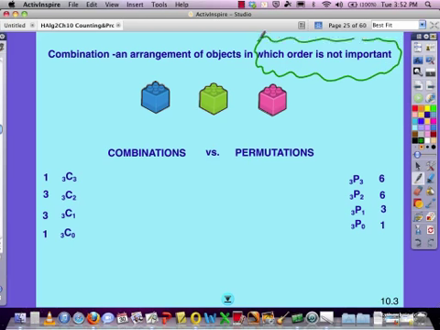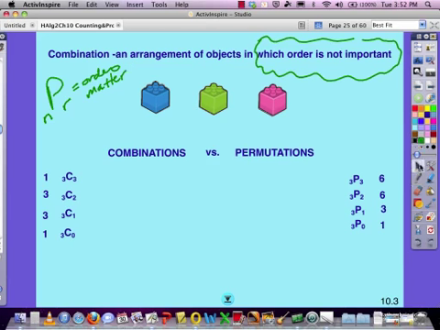Where we said permutations, order matters. So if we say nPr, order matters. If we just take a look at these two, I just have Lego blocks here.